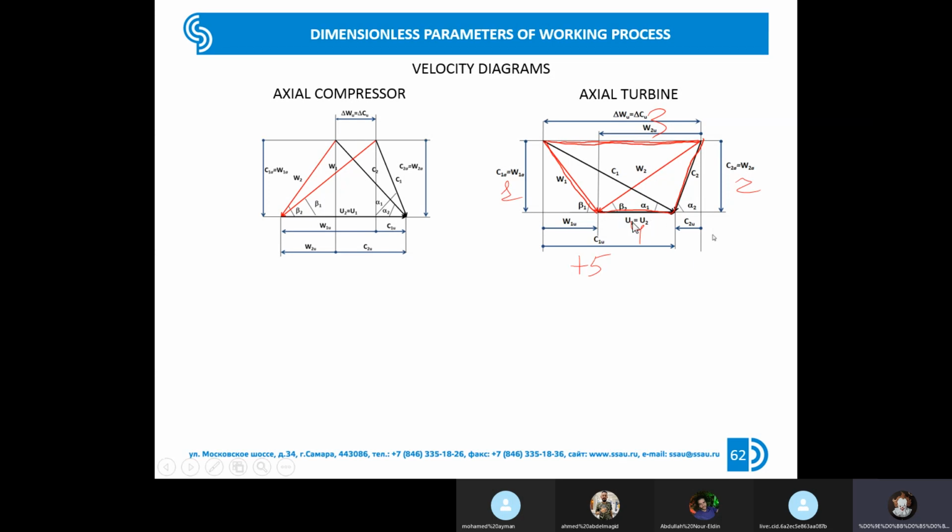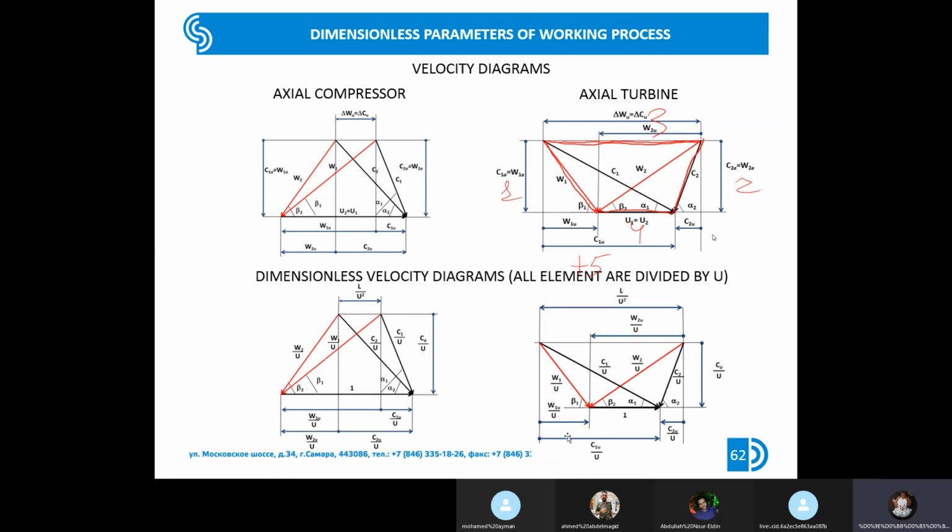Okay, in any case, we could have independent parameters. If we divide all velocities by the circumferential velocity, by the value of the lower base, we will receive dimensionless parameters. I remember the 6 parameters. So U1 could be not equal to U2.